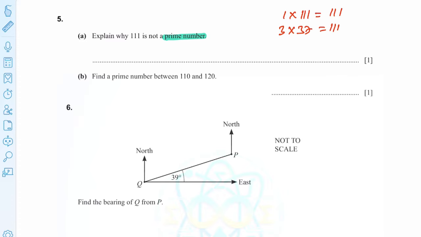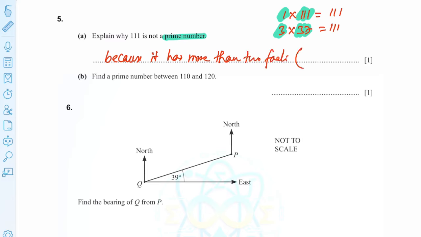Now I'm telling you how many factors we have: factor 1, factor 2, factor 3 and factor 4. That means it has more than 2 factors. So simply we can write down that 111 is not prime because it has more than 2 factors. The factors are 1, 3, 37 and 111.